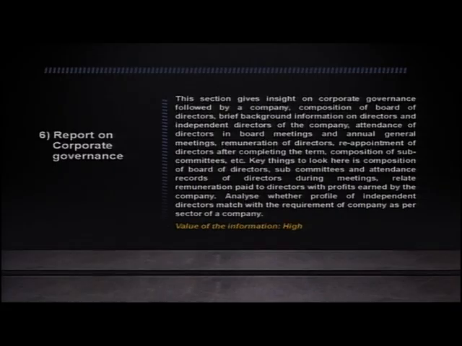Moving further, the next section is on corporate governance. Corporate governance is all about policies, procedures, transparency, disclosure, and ethics that are being followed by an entity. There are various regulatory bodies that a listed company is required to have.